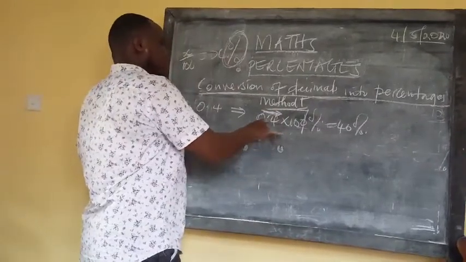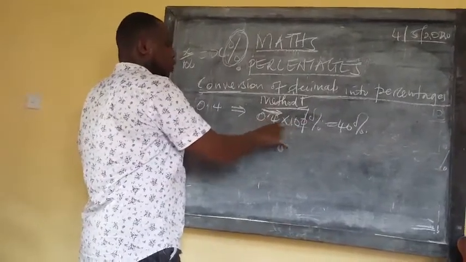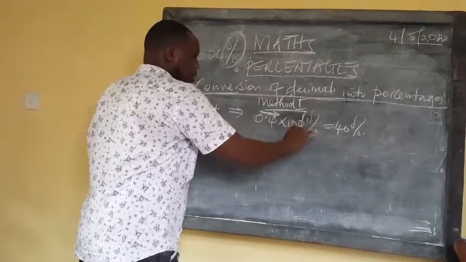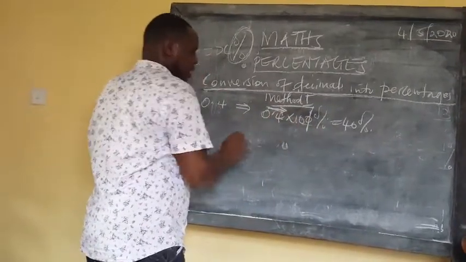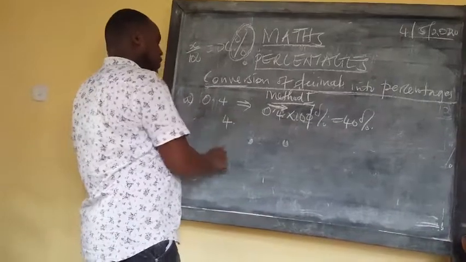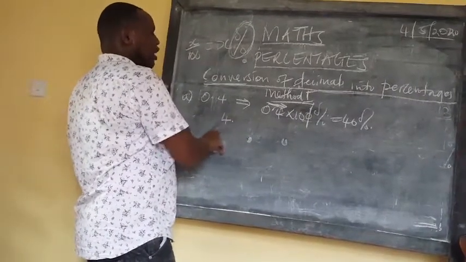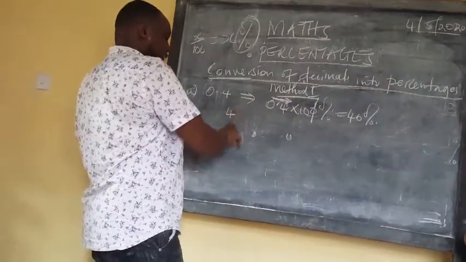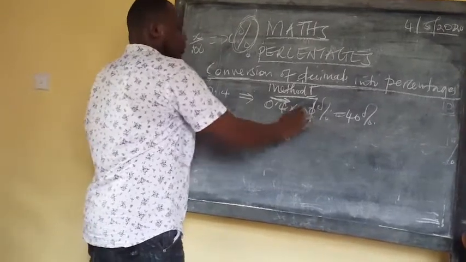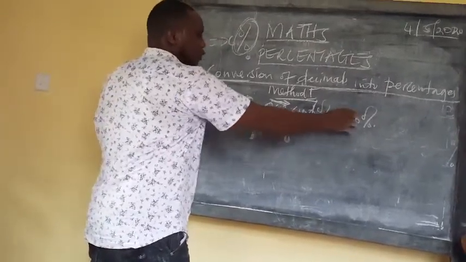So if you have 0.4, 1 zero will remove the decimal and bring it here. This becomes 4 point. 4 point means this is our whole number, because we don't have any other number on this side. So this is 4, then 4 times 10, which is 40%.